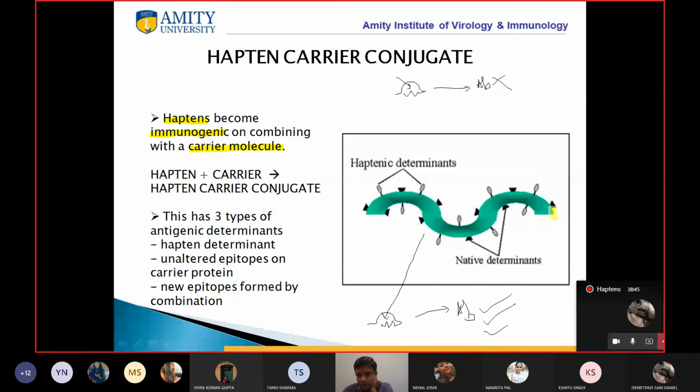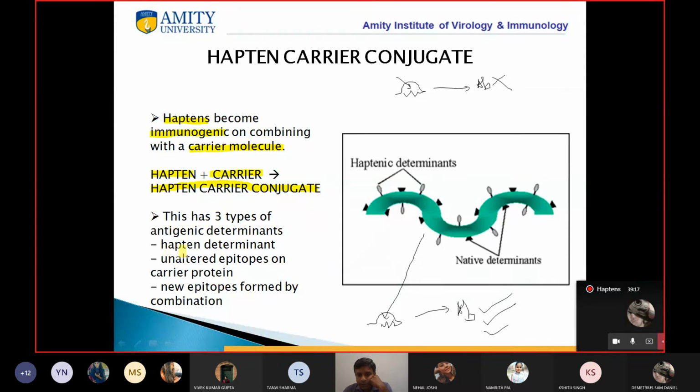So haptens by themselves cannot elicit an immune response. But if you add a carrier protein to the hapten, this becomes a hapten-carrier conjugate. When you inject this, there are three types of antigenic determinants, or epitopes.